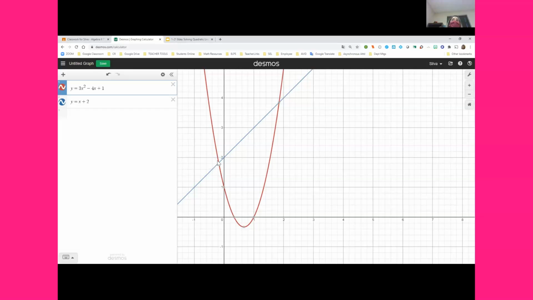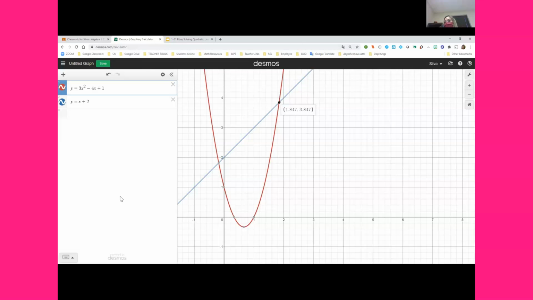So my first solution is negative 0.18, comma 1.82. And on the other solution, it's already done for us. My solution is at 1.847, 3.847. Any questions?